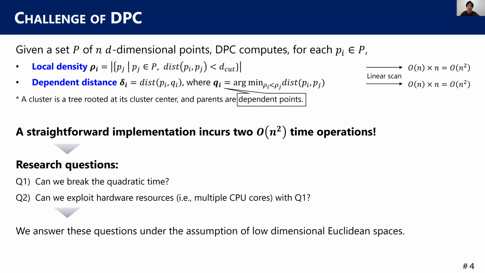Now we have two questions. Can we break the quadratic time? And can we exploit CPU cores to reduce practical computation time while breaking the quadratic time? In this study, we answer these questions under the assumption of low-dimensional Euclidean spaces.